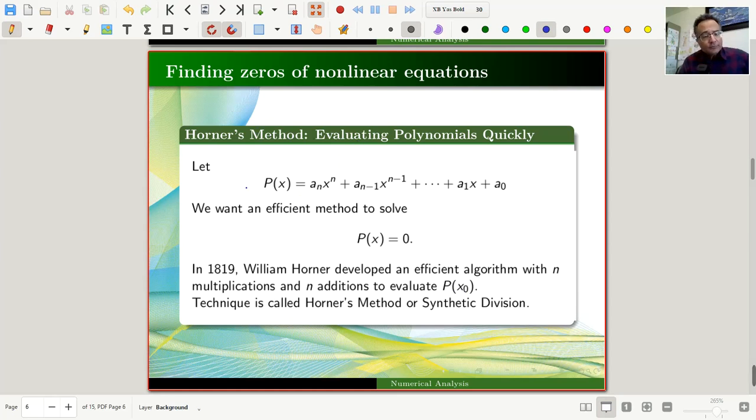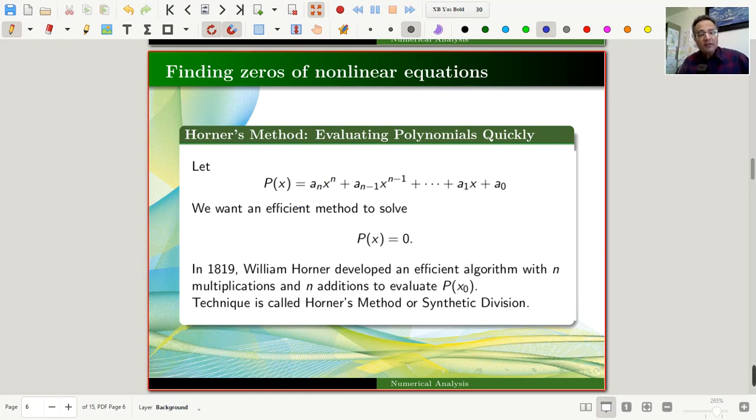Let me try to explain the technique, and then I give you some examples and teach you how you can use the Horner method for finding p of x0 and p prime of x0 for using the Newton method. Okay, let me start with p of x as a polynomial of degree at most n.